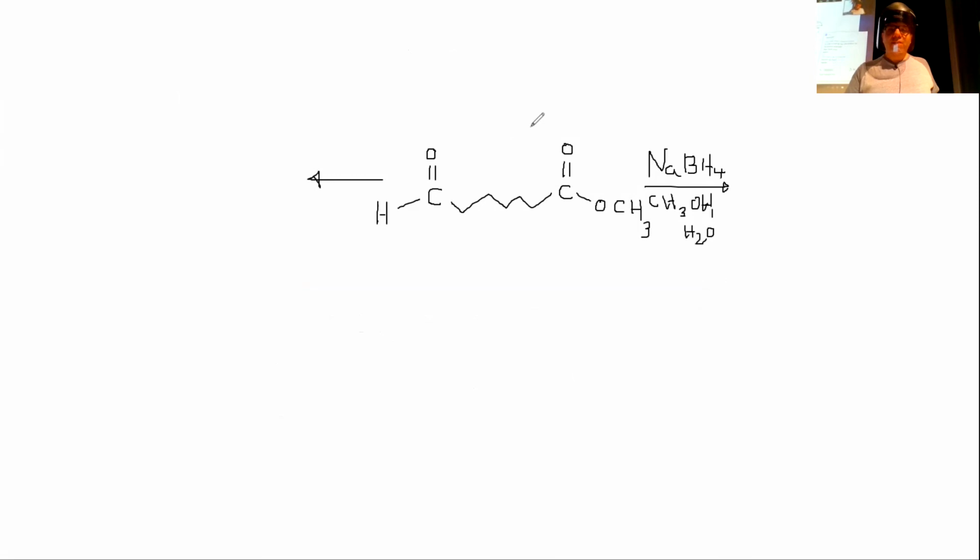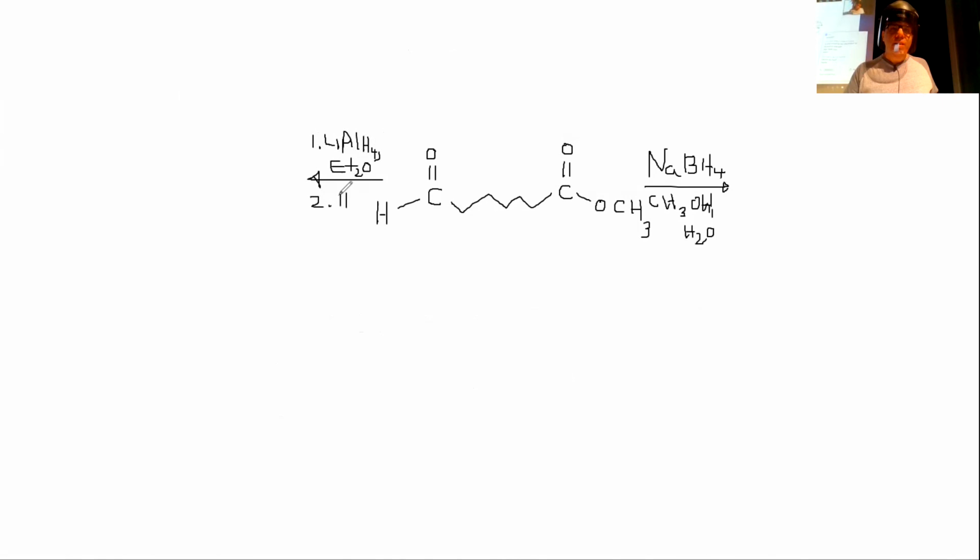So let's contrast that with what if we treated it with LAH? I think we would get two different products out of this. And again, I'm here talking about the major organic product, not any small water soluble or inorganic things.